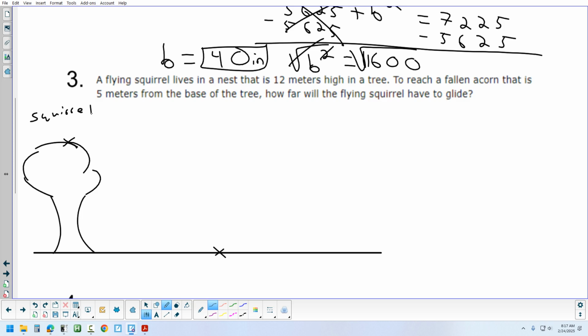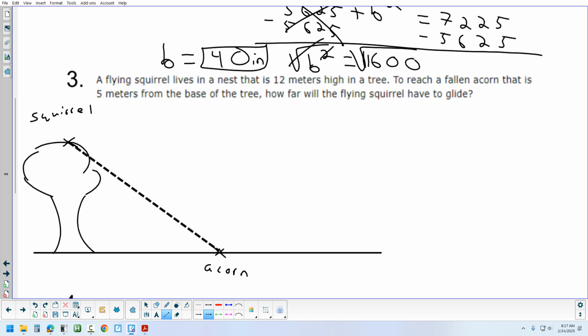Okay, the squirrel's over there. Acorn's over there, and what's going to happen is the squirrel is just going to glide down from the top of the tree straight down to the acorn. Just like that. We want to figure out how far the squirrel has to glide from the top of the tree down to the acorn.